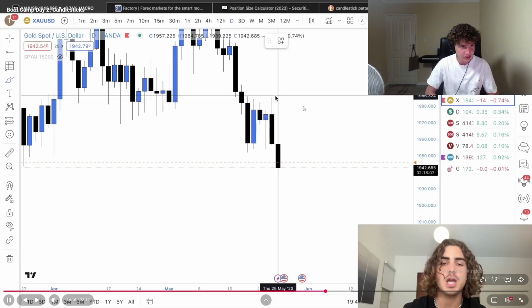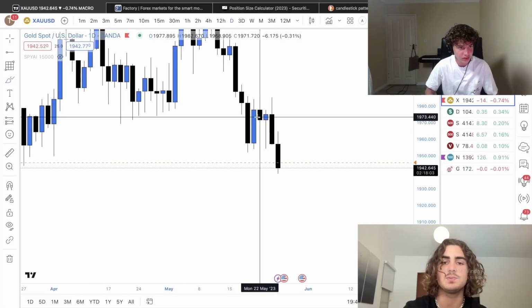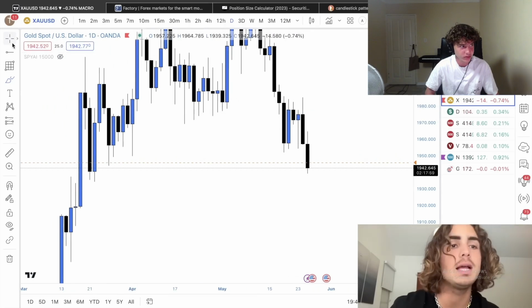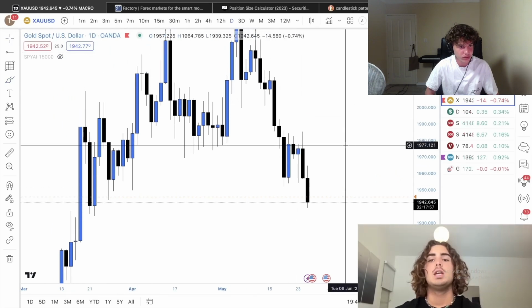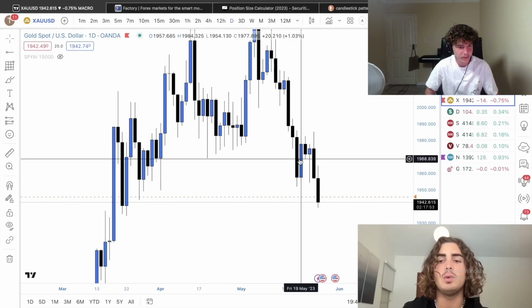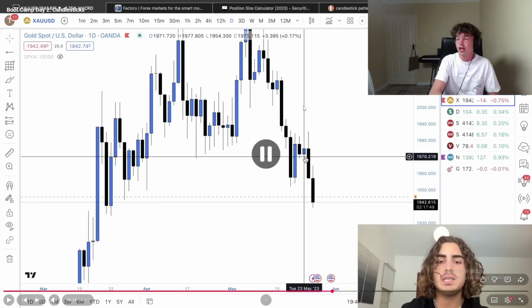We failed to push up completely. Yes, we see strong rejection to the downside, and yes, we do see closures to the upside. This is why we cannot be taking trades purely off of candlestick patterns, because this is only one confluence.